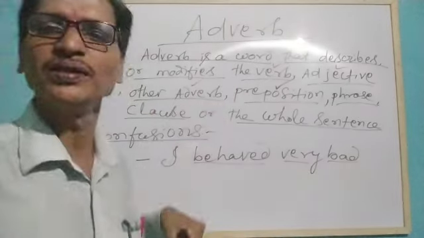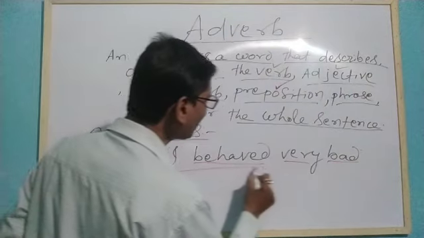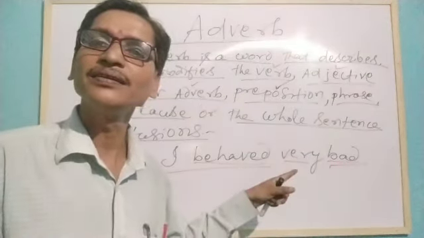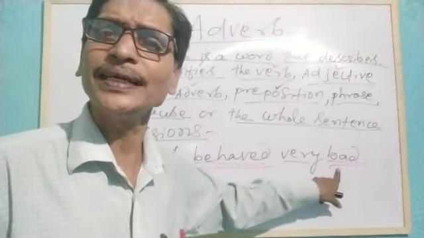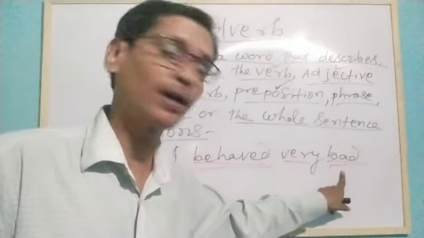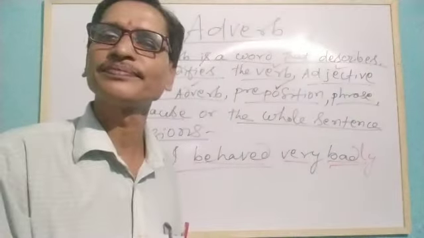That is the first rule. Suppose here we write I behaved bad. Can it be right? No, because bad is not functioning as an adverb over here, and it should function as an adverb. So we have to write badly.